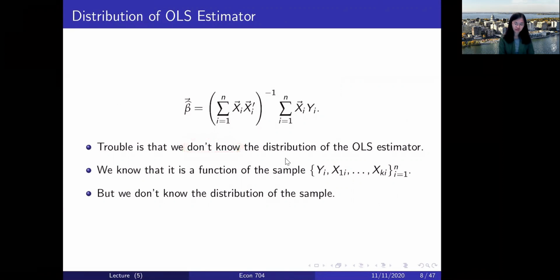We know it is a function of the sample of the y and x variables, but typically we do not know the distribution of the sample. Even if we know some aspect of the distribution of y and x, beta hat is such a complicated function of them that it's not straightforward to figure out its distribution.